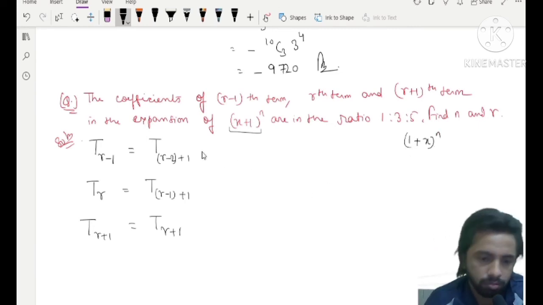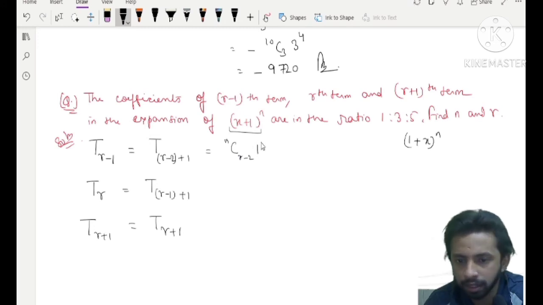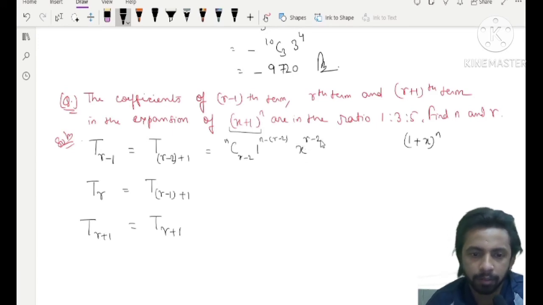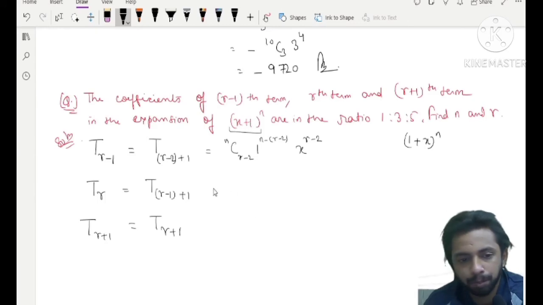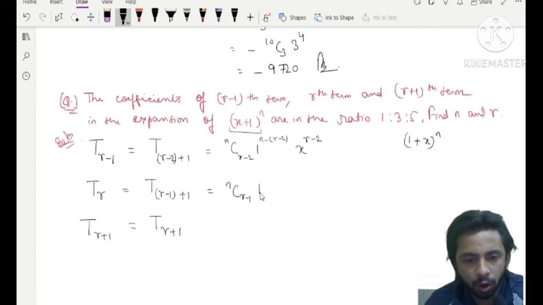So this will be nc r minus 2, 1 to the power n minus r minus 2, and x to the power r minus 2. In the second one, you will have nc r minus 1, 1 to the power n minus r minus 1, x to the power r minus 1.